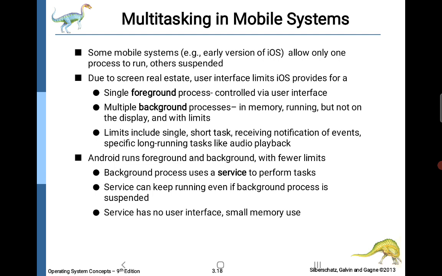The first generations of iPhone iOS did not allow multitasking. Now iOS allows multitasking in a constrained manner, where it has only one foreground process and multiple background processes.